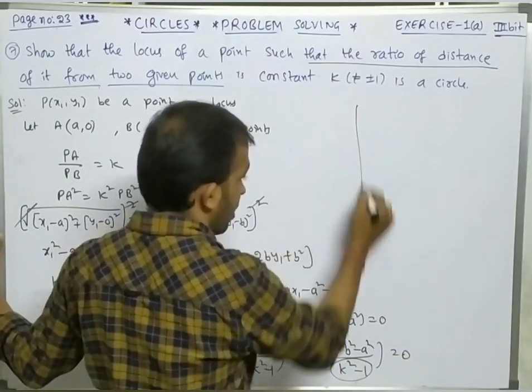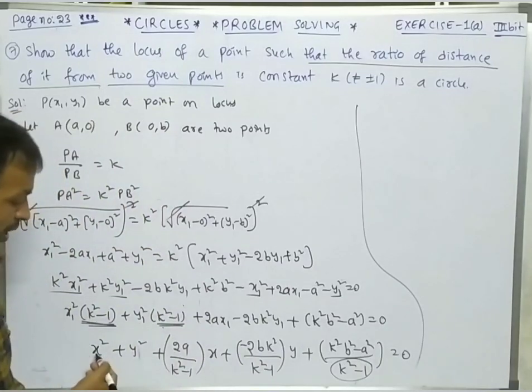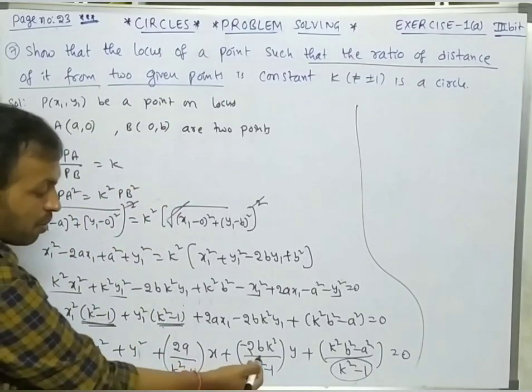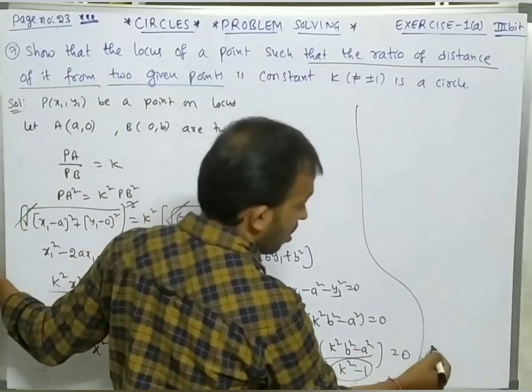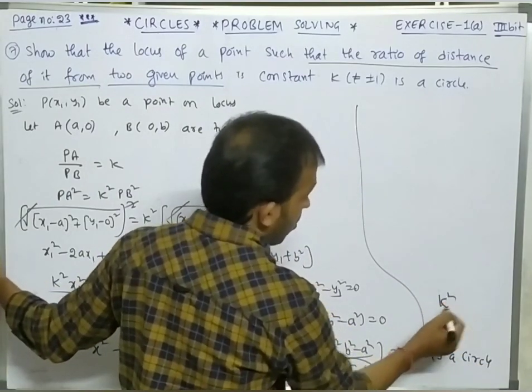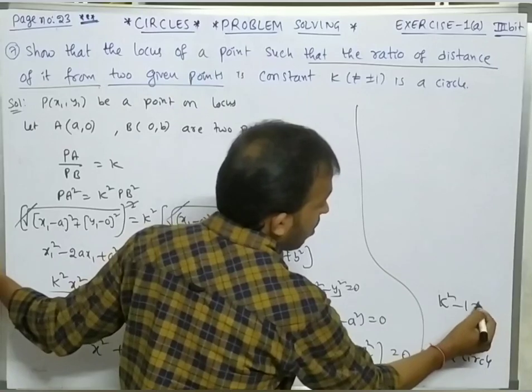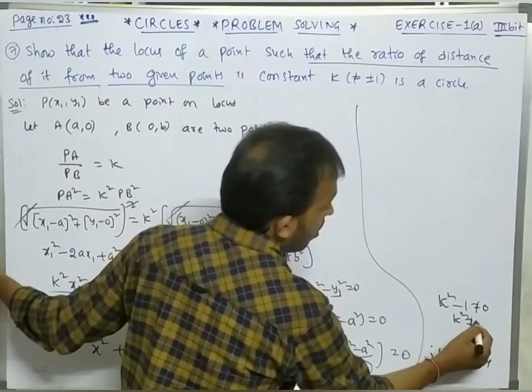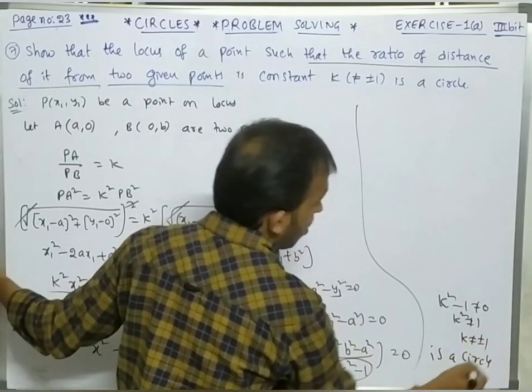So this is the equation of the circle x square plus y square plus 2gx plus 2fy plus c is equal to 0, which is a circle where the denominator k square minus 1 is not equal to 0, k square not equal to 1, k not equal to plus or minus 1.